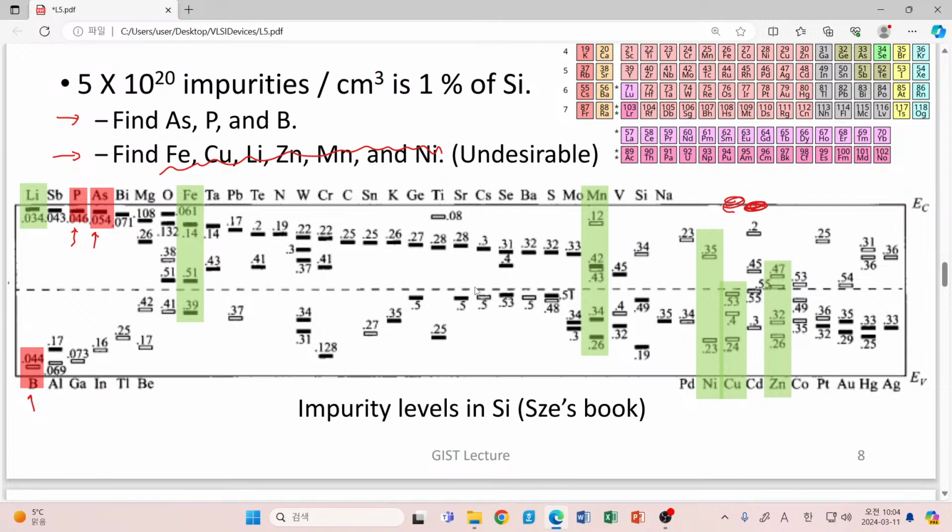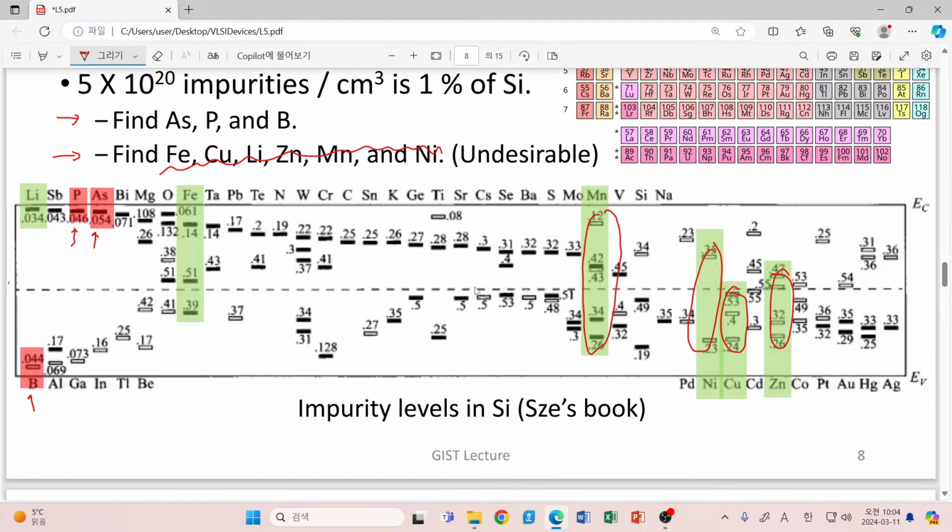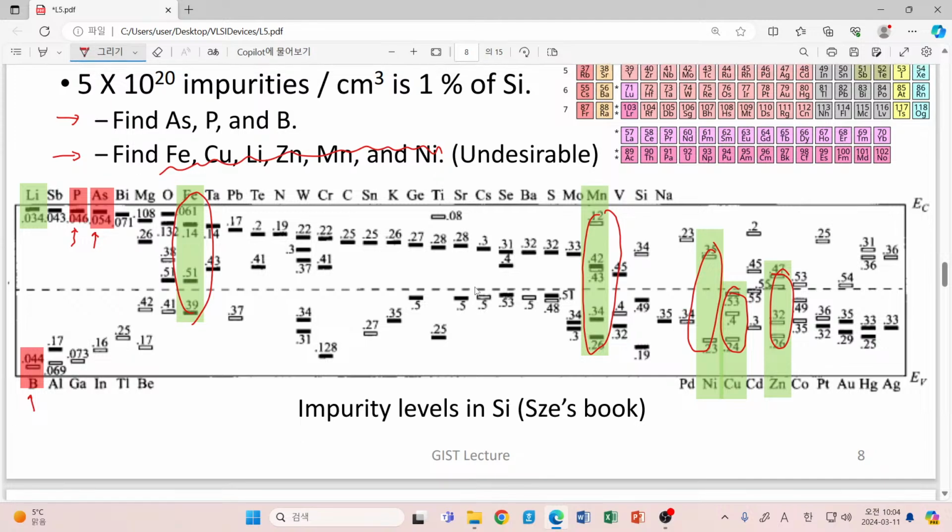So I have introduced green ones, so please have a look at what is the common fact between these materials. When they are introduced, they introduce certain levels which are quite much off from EC and EV. So therefore, that's the reason why.